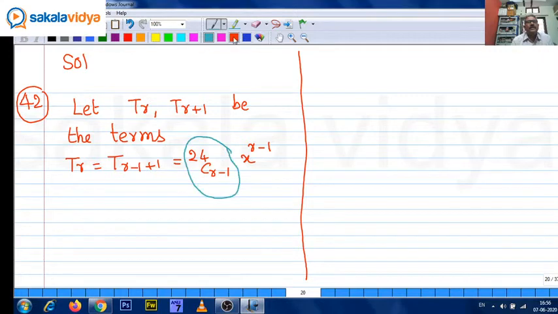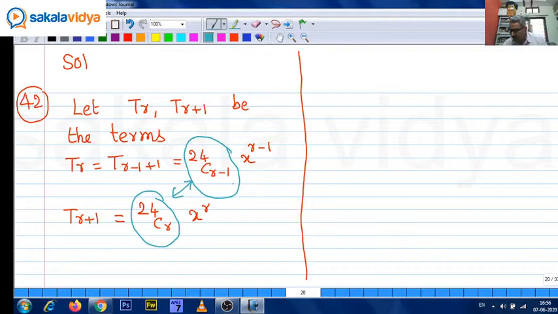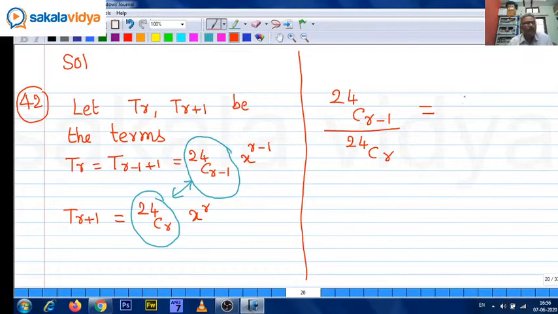Next is TR plus 1, equals 24CR x to the power of R. This is the coefficient. These coefficients are in the ratio 4:1, which means 24C(R minus 1) upon 24CR is equal to 4 upon 1.